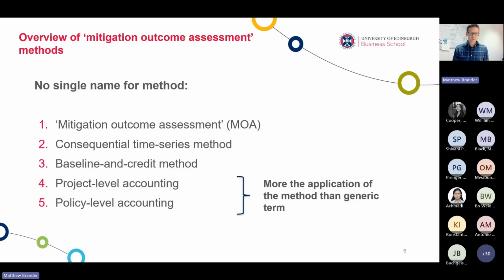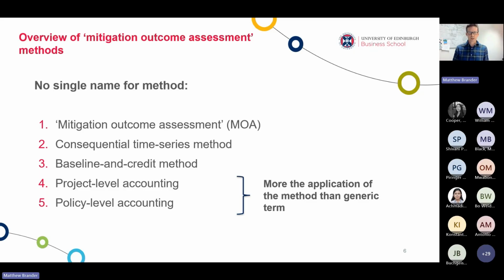Occasionally you see it referred to as consequential time series accounting or method. Sometimes it's been referred to as a baseline and credit quantification method. And more commonly, it is referred to by the type of intervention that is being assessed, rather than having a generic term for the method.